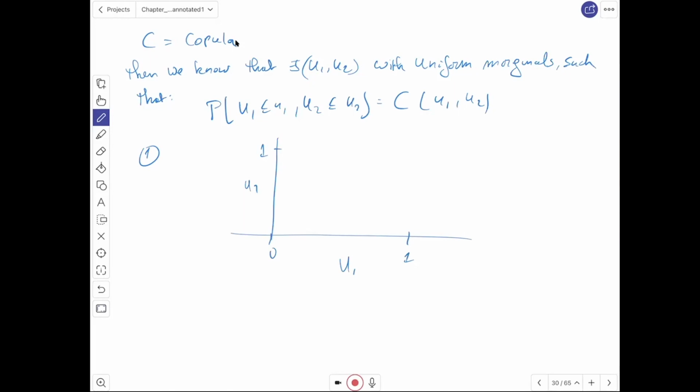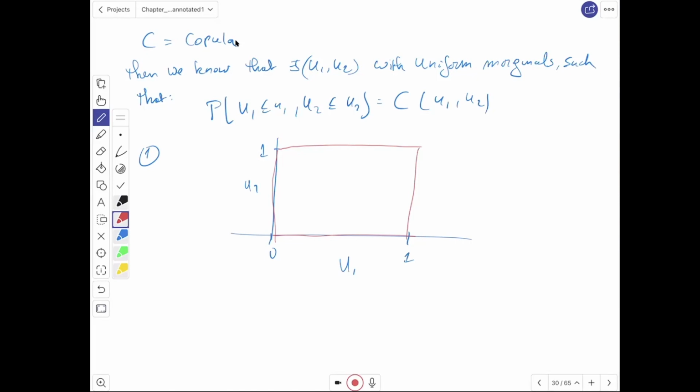So it means that the outcome of the couple U1, U2 is somewhere in this red box, right? In that box, my U1, U2 can take different values. Whatever their dependent structure is, they can never take values outside this box. Why is that?